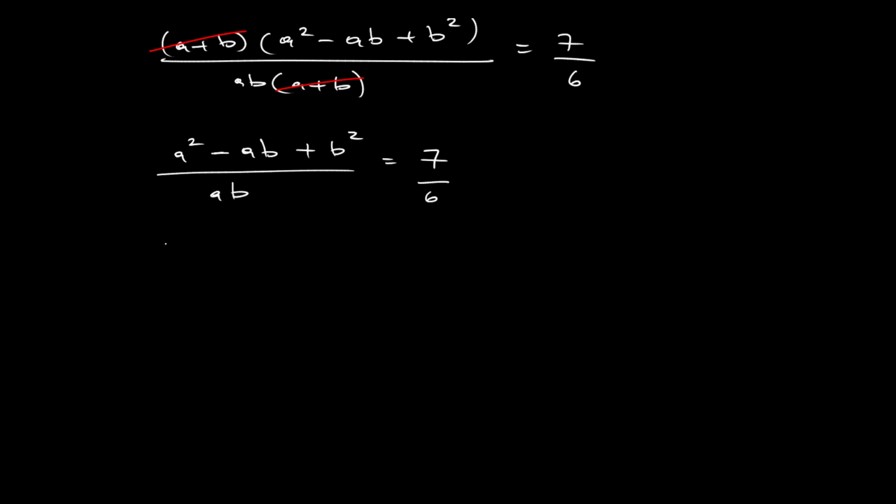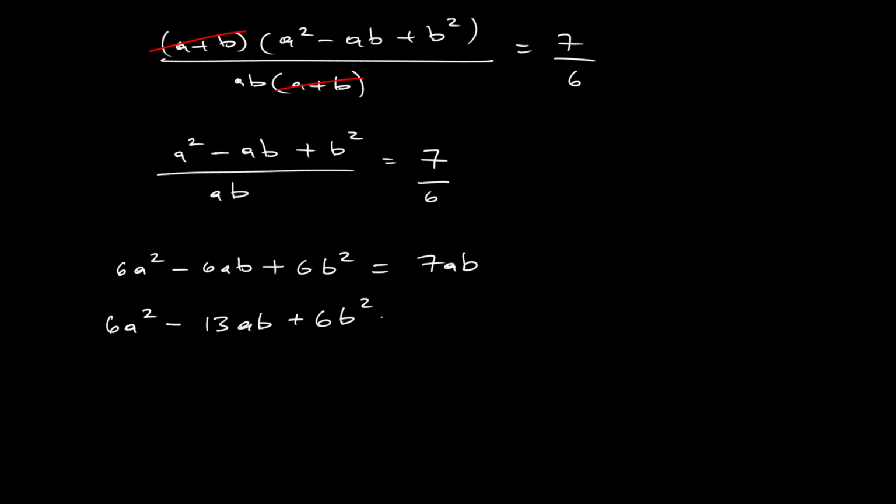We would be left with 6a squared minus 6ab plus 6b squared is equal to 7ab. And as you can see, we have the ab terms on both sides, so we could just bring it to one side. So we'll be left with 6a squared minus 13ab plus 6b squared is equal to 0.